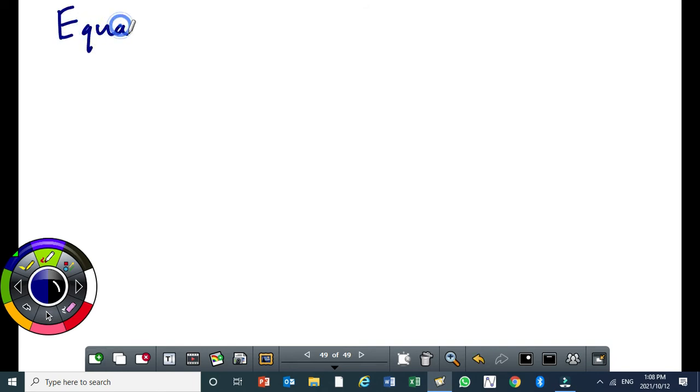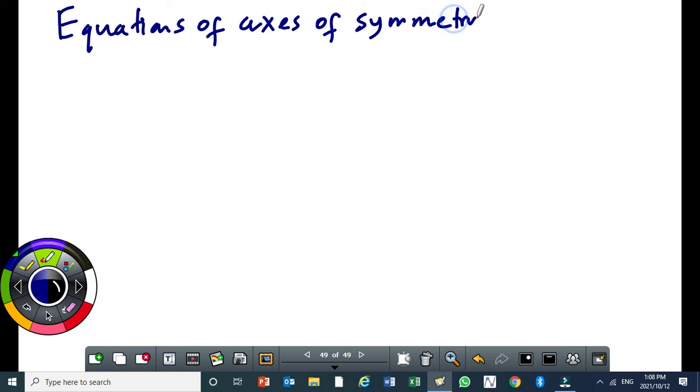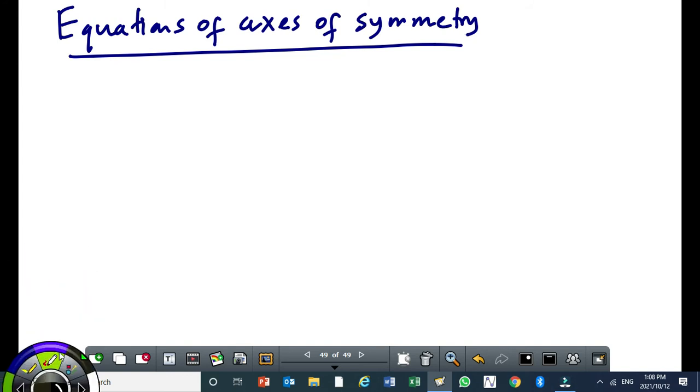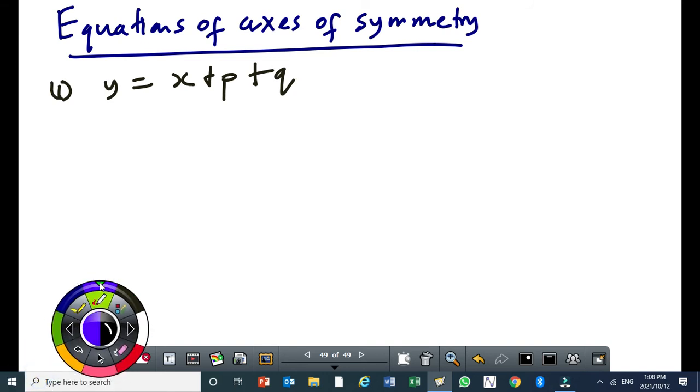Equations of axes of symmetry. The first equation, one with the positive gradient, is y equal to x plus p plus q. Okay? But our equation is given as f of x equal to 2 over x plus 1, plus 3.